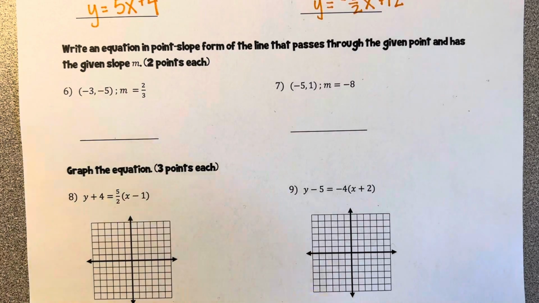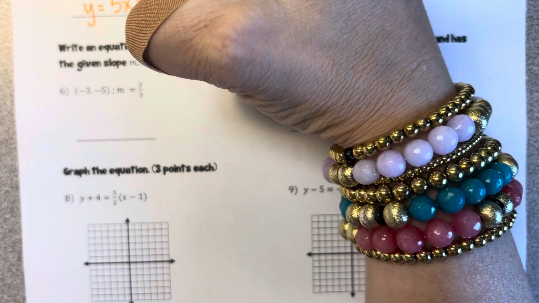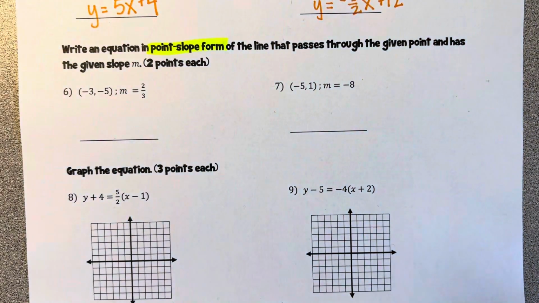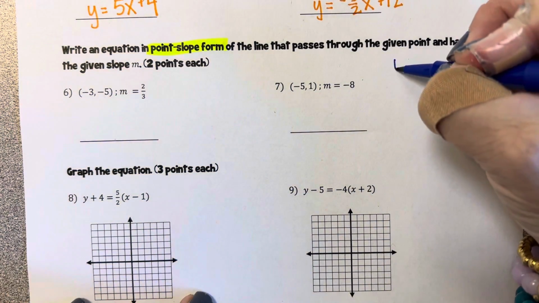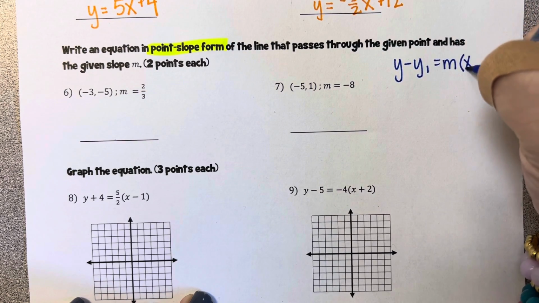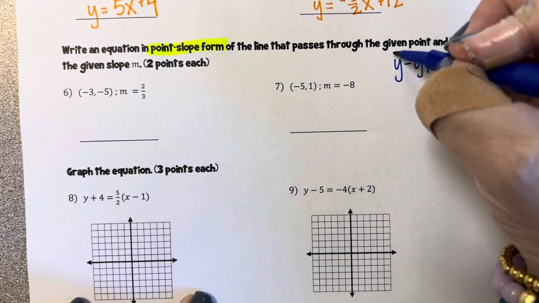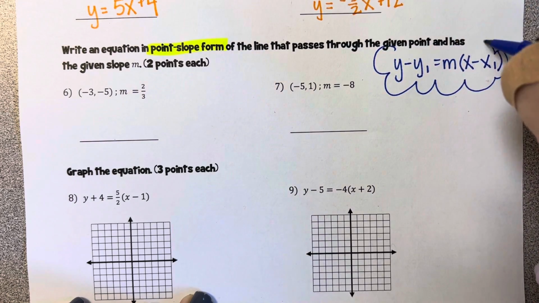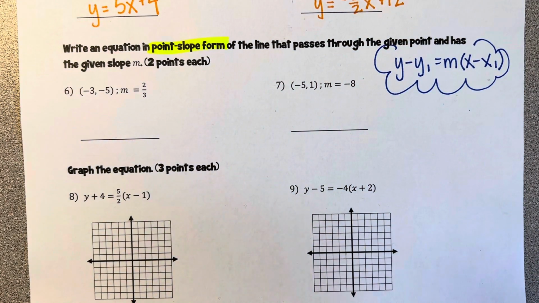So this is write an equation in point-slope form. Okay, so I'm going to make sure I put it in the right format. Point-slope form is y minus y1 equals m times x minus x1. This is point-slope form. Okay, so I'm going to make sure that my answer is in the correct form.